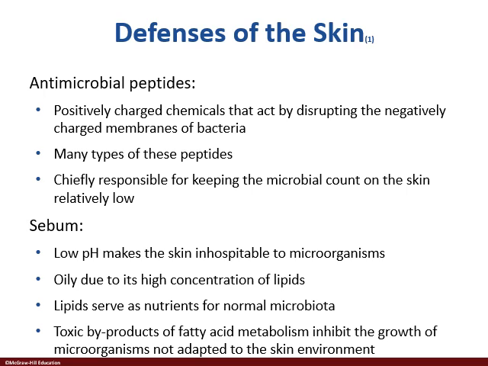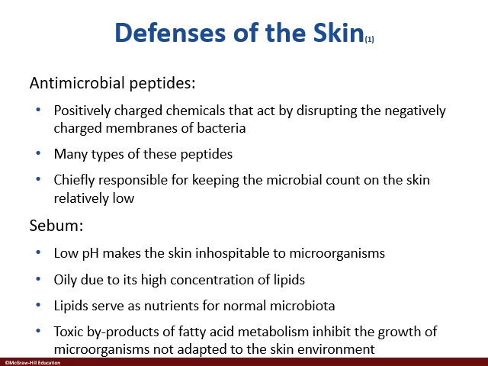The sweat, along with the sebum, which you see here below, has a low pH, so it keeps the surface of the skin slightly acidic. Most bacteria don't seem to like slightly acidic conditions. It also supplies, which is weird to say, lipids, which will act as nutrients for the bacteria that like that lower pH.